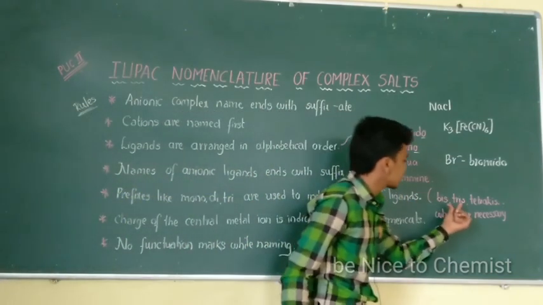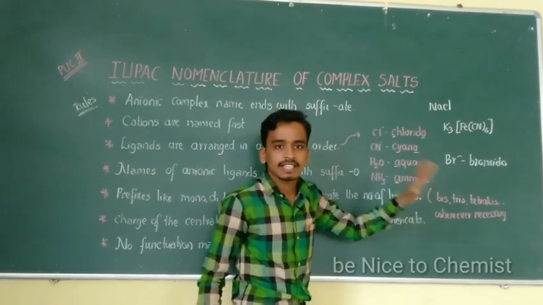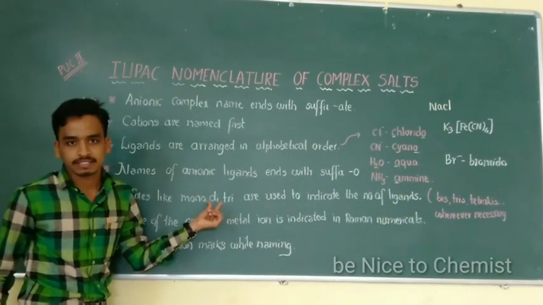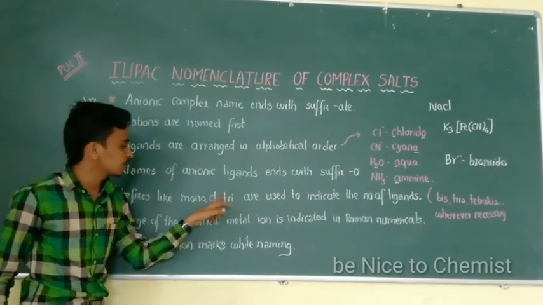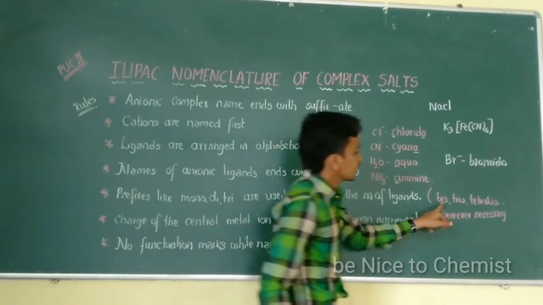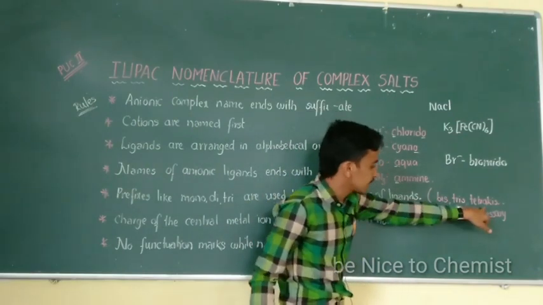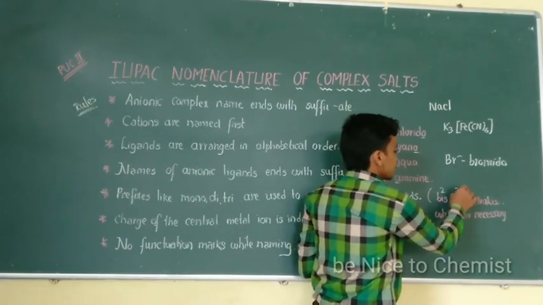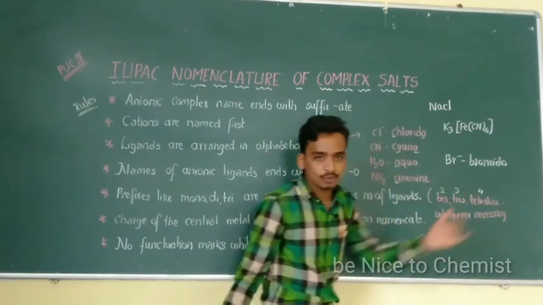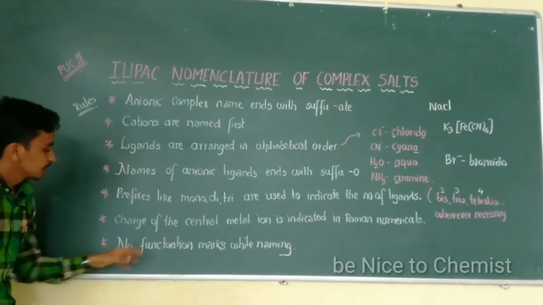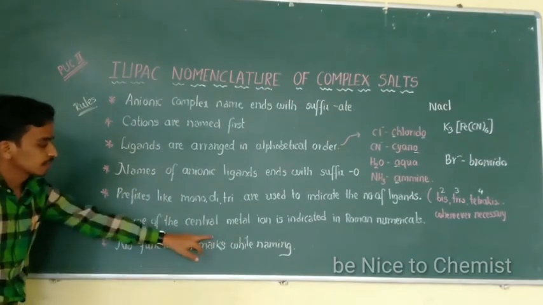But in cases where the ligand name already contains bi or di, to avoid confusion you use tris, tetrakis. This means 2, 3, 4. How they are used will be solved later on. And after this, there is no punctuation mark while naming.